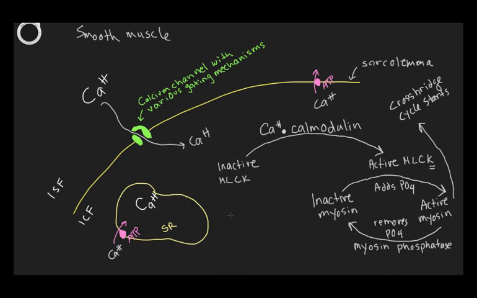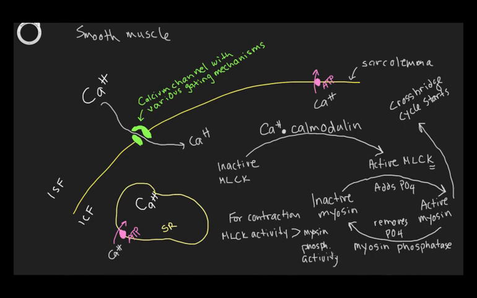So for contraction, MLCK activity has to be greater than myosin phosphatase activity. And I'm going to just abbreviate that activity.